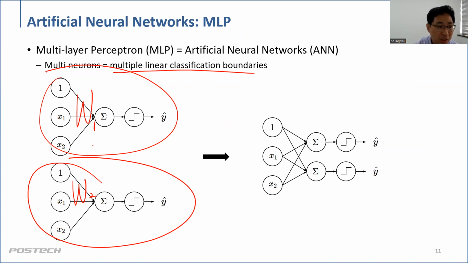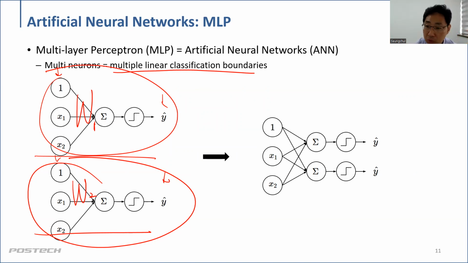Here we have the same inputs and the same labels, and I just drew two perceptrons to represent two linear classification boundaries. But we don't have to separate these two because they share the inputs and outputs simultaneously.